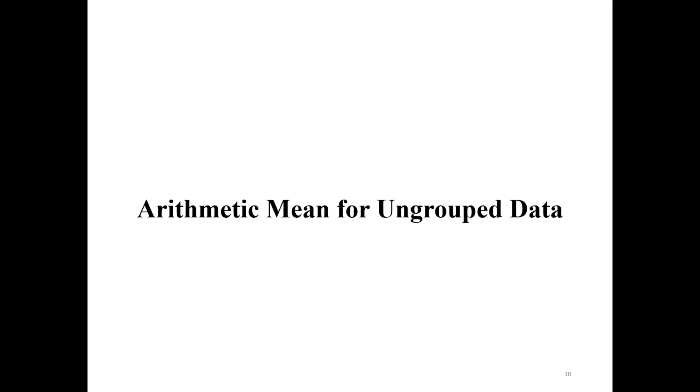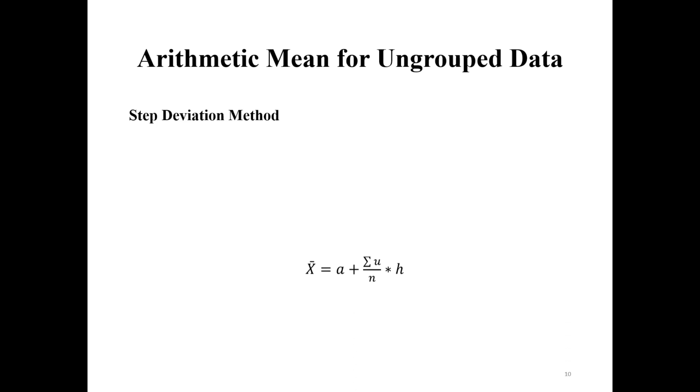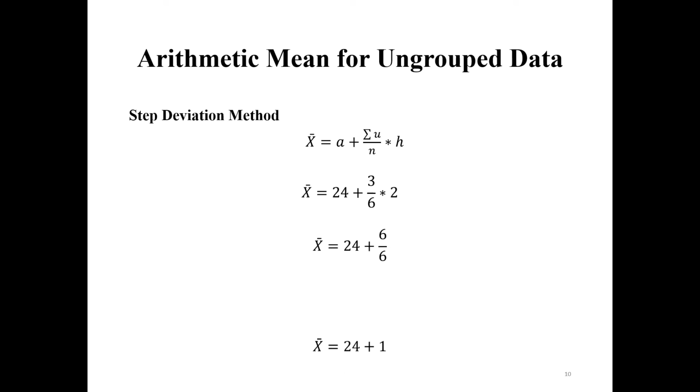You have to substitute the values in the formula. 24 plus 3 divided by 6 multiplied by 2, and you can see that x bar is equal to 25 again. So a very important point here is you can use any formula or any value of A, the answer will remain the same. There is no change in the answer.